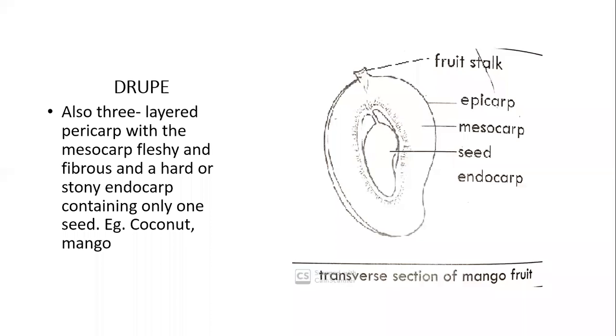So the seed is found in the middle. Then around the seed is the endocarp. Around the endocarp is the mesocarp. Then the layer where you see and say, oh, this mango is nice, is what is referred to as the epicarp. Now examples we have there is coconut, mango.